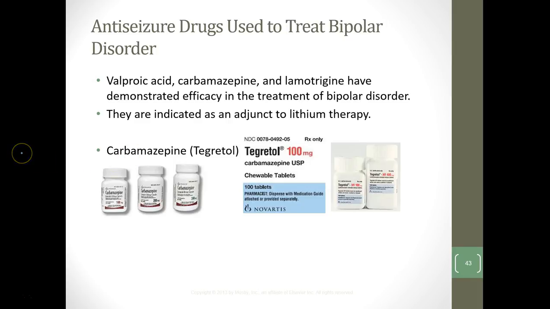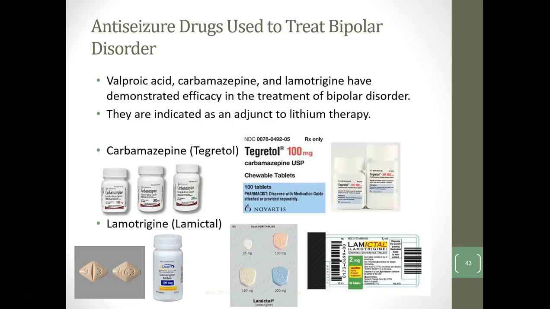Carbamazepine, which is Tegretol, is another anticonvulsant that is used with bipolar disorder. So carbamazepine is the generic name, and Tegretol or Epitol that I have on your trade and generic list are brand names for the product. Also, lamotrigine, which is Lamictal.